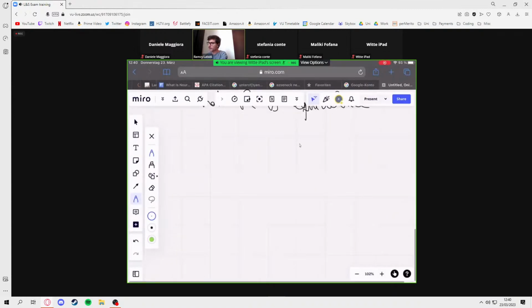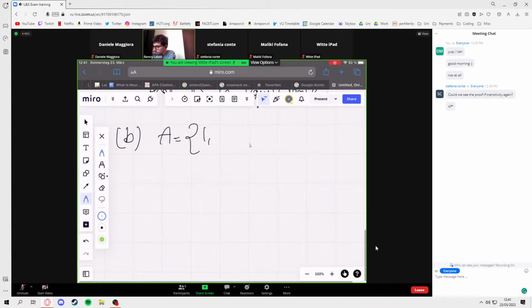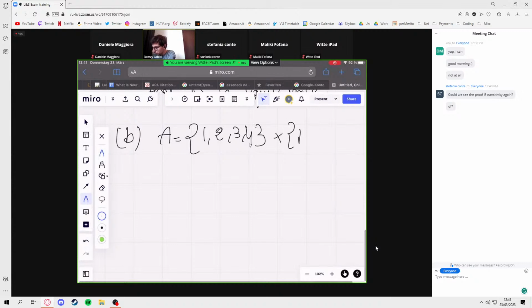So let's take a look at B. All right, so we have to figure out the equivalence classes. We know that A is 1, 2, 3, 4, and say 2, 4. So now what we have to do is take all possible combinations.